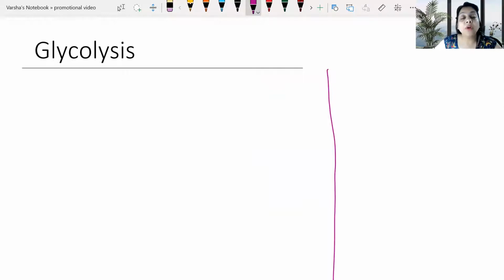First of all, what should we be writing about the cycle? Remember, I told you first you will be writing the location of the cycle. Glycolysis is a cytoplasmic or cytosolic cycle. It takes place in the cytoplasm. Whether this is a catabolic or anabolic cycle, this is purely a catabolic cycle.